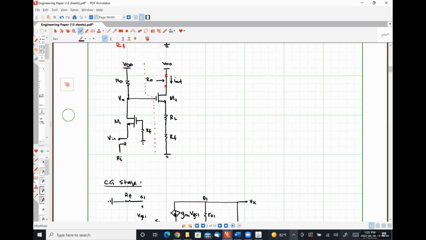And then I have this RL and this RF here in series. Sorry, I said source tied directly to ground, but it should be drain tied directly to ground. I'm going to lump these two together and just call it a single resistance RS for bookkeeping's sake right now, where RS is just going to be equal to RL plus RF.